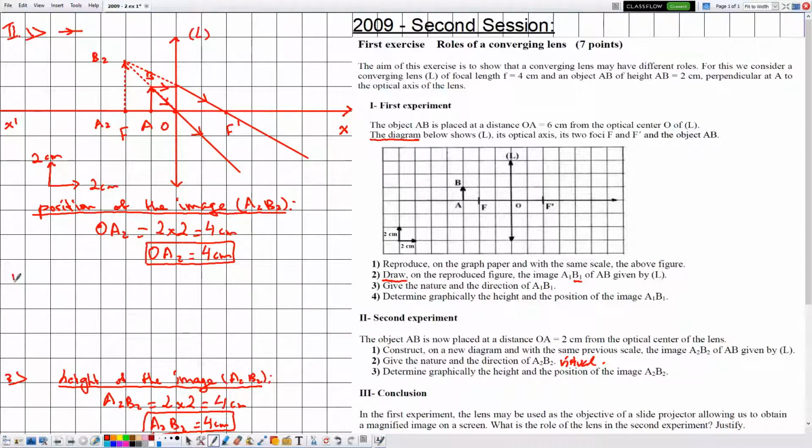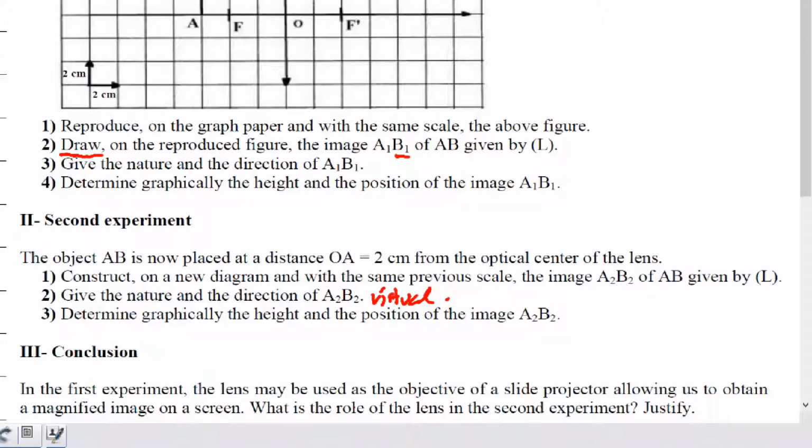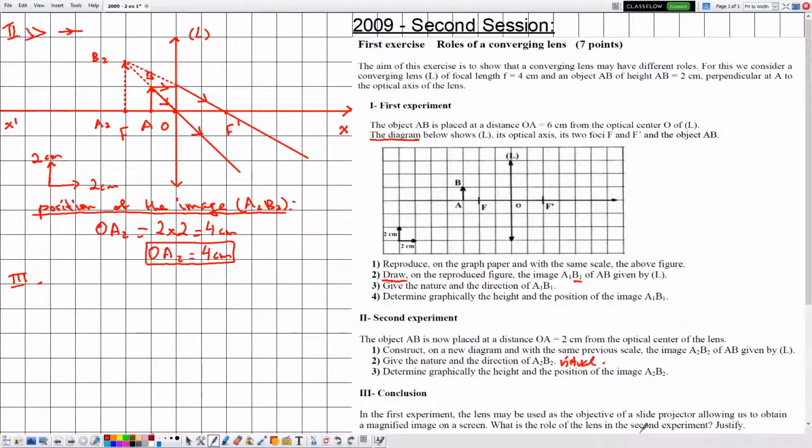Now, the final part, which is the conclusion. They are telling me in the first experiment the lens may be used as the objective of a slide projector, allowing us to obtain a magnified image on screen. What's the role of the lens in the second experiment? Justify. Always the role of the lens can be determined from the properties of the image.